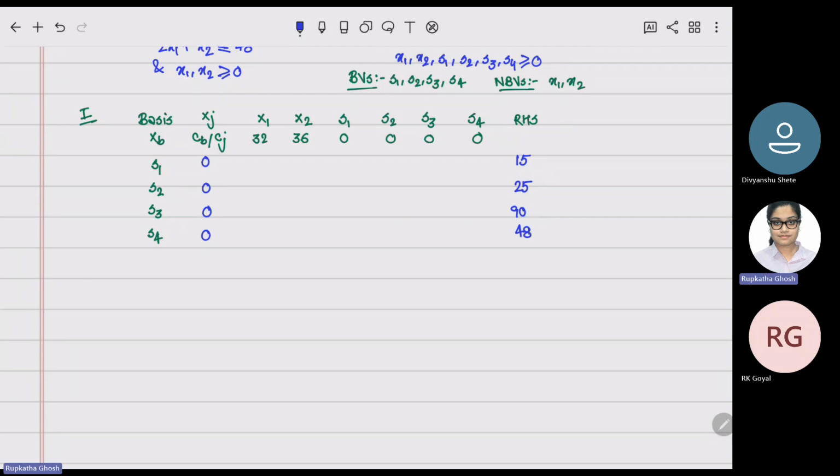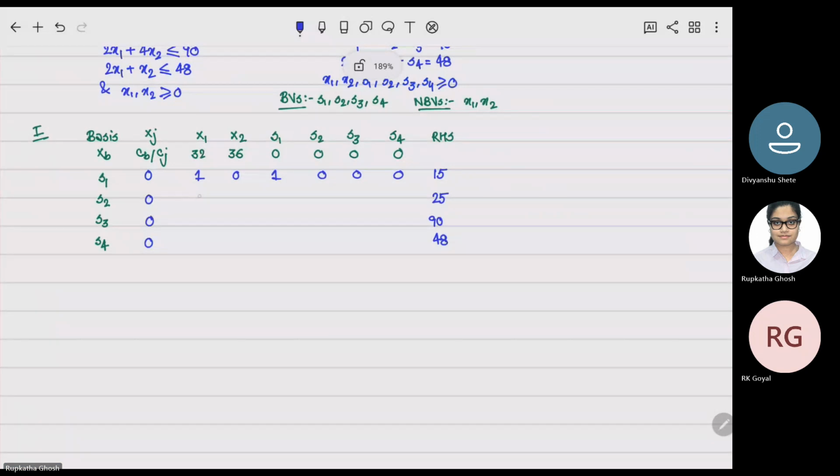And here, what all do you have? So x1 plus s1, so rest all 0. Then you have x2 plus s2. Then you have 2x1 plus 4x2 plus s3.